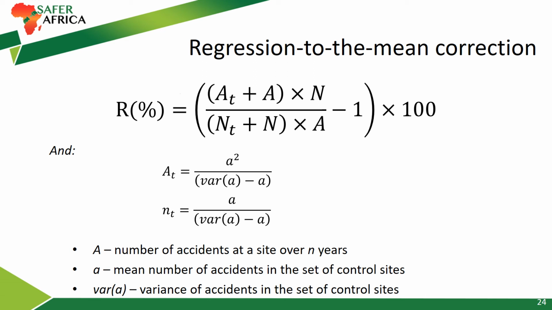However, in some cases, it is possible to use one ingenious way to address regression to the mean effect that was devised by Abbess, Wright, and Jarrett, using the accident frequencies of a set of sites similar to the one that is being analyzed, and which constitutes a control group by itself. The equation in this slide shows how to calculate the percentage change in the crash frequency that may be accounted for by the regression to the mean effect.